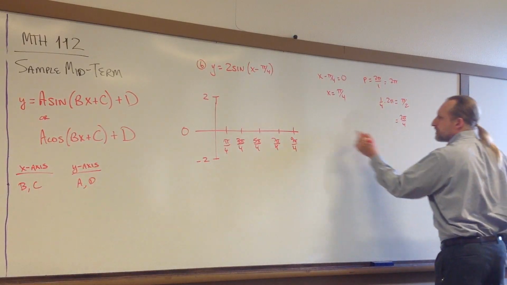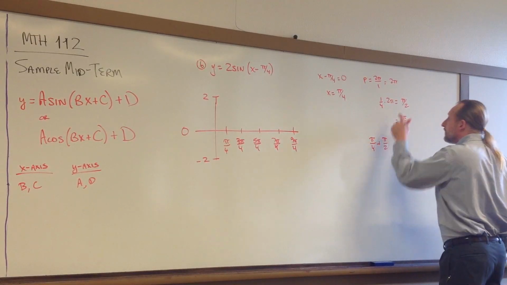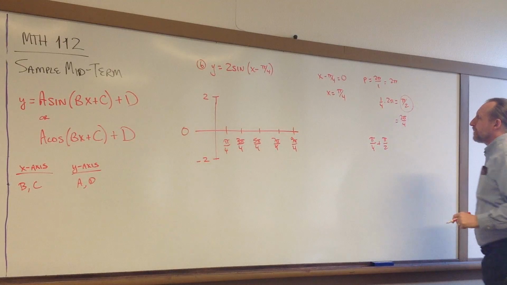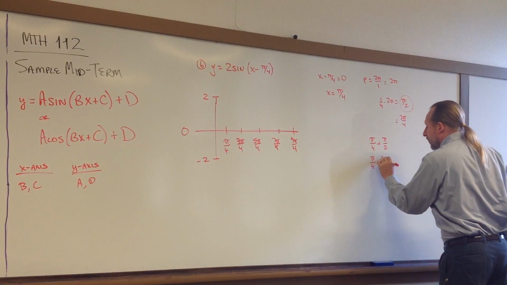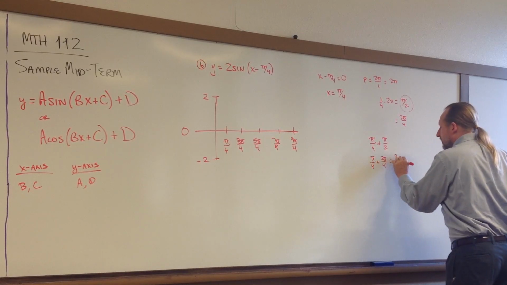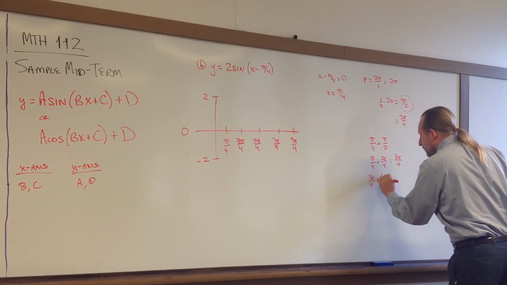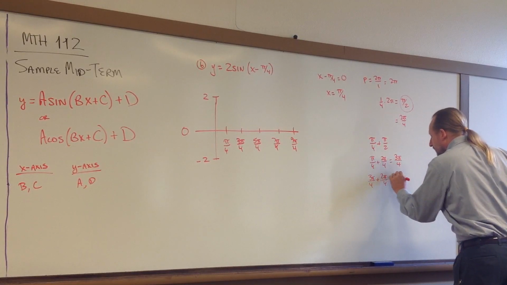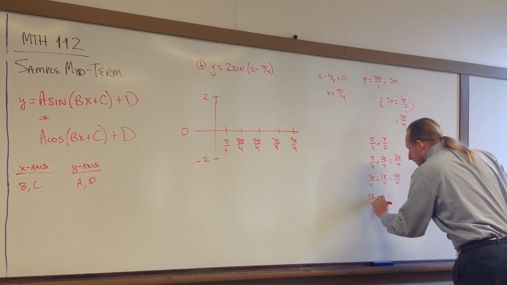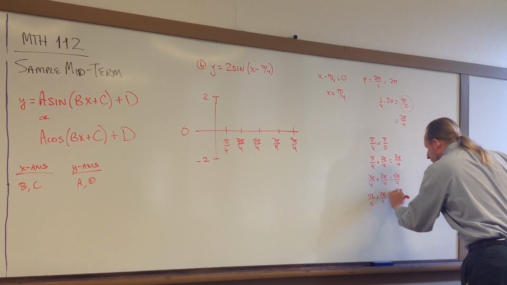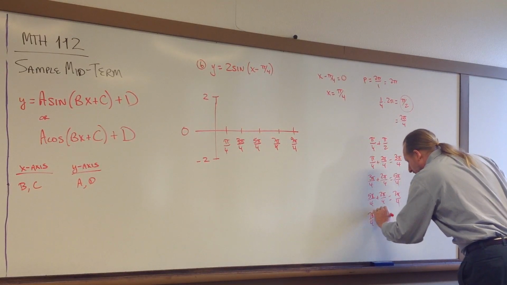And that all comes from taking the starting point, pi over 4, adding on 1/4 of the period, which is pi over 2, and then we make a common denominator of 4, 2 pi over 4. So there's our second point, 3 pi over 4, and then do it again. The third point is 5 pi over 4, add it on again, 7 pi over 4, and then the last one, 9 pi over 4.